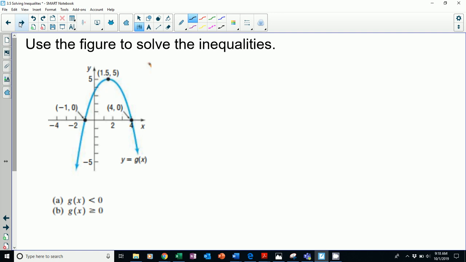In part A, we're specifically looking at where the graph, or the blue line, is below the x-axis, or less than 0. So we're going to look at these three intervals and determine if the graph is below the x-axis. So from -∞ to -1, again, that's this interval right here, we notice that the graph is below the x-axis.